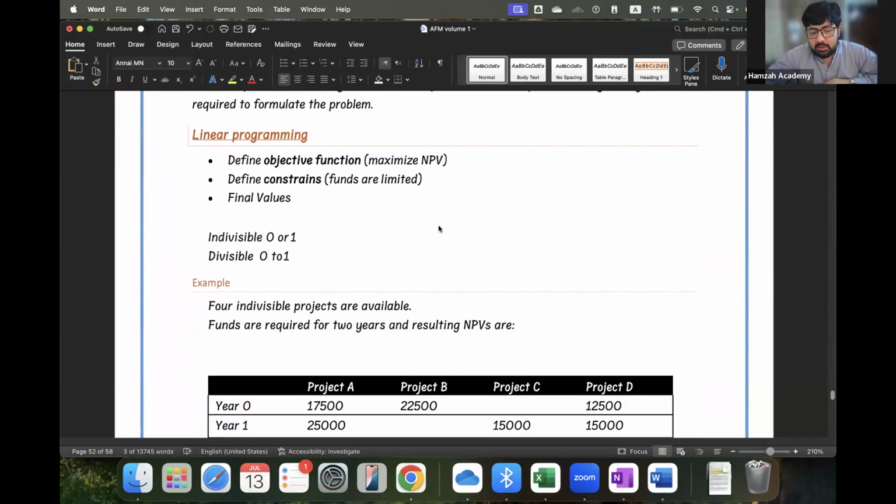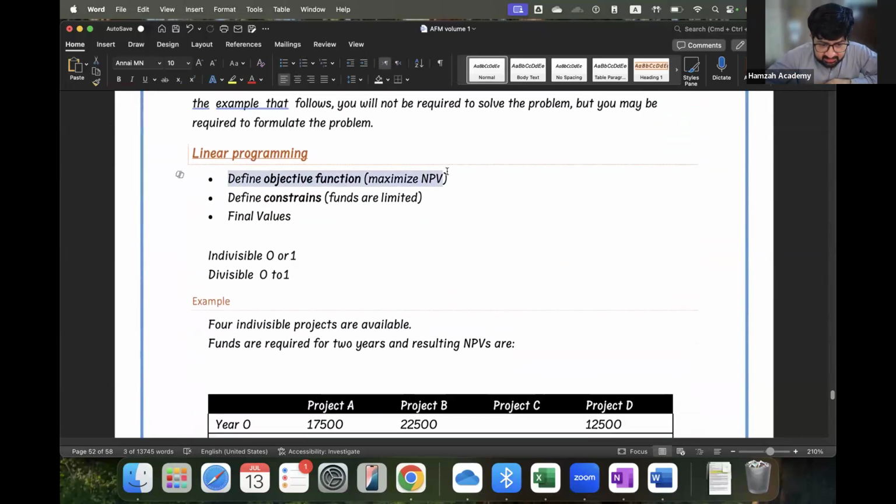How? So linear programming says define the objective function. What is the objective? To maximize NPV. Define constraints. Limitations of funds.